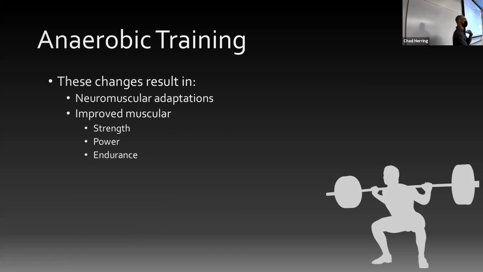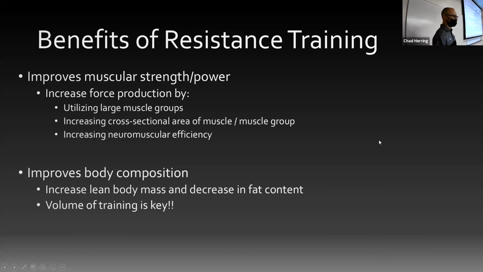Endurance is a little bit less so with anaerobic training, but depending on how we structure it, which we'll talk about later. I'm going to be talking a lot about resistance training. This is how they structure the chapters, and they do this in the Essentials of Strength and Conditioning book too: they talk about anaerobic adaptations more with resistance training, and leave speed, agility, change of direction, and plyometrics for a different chapter.